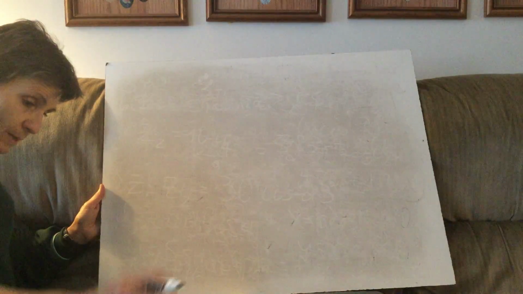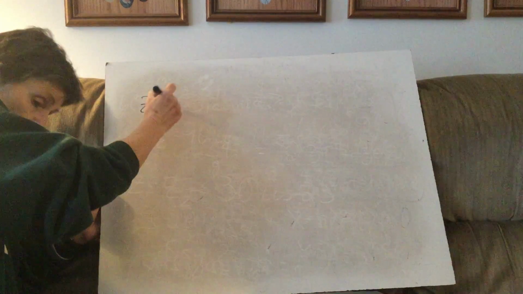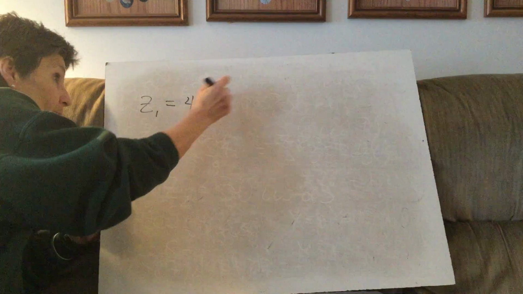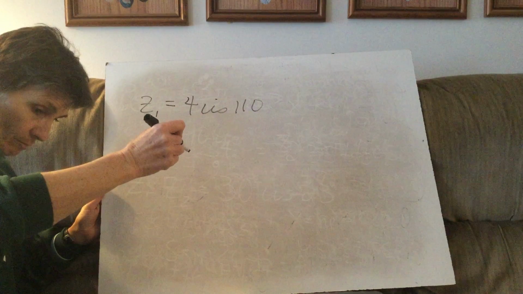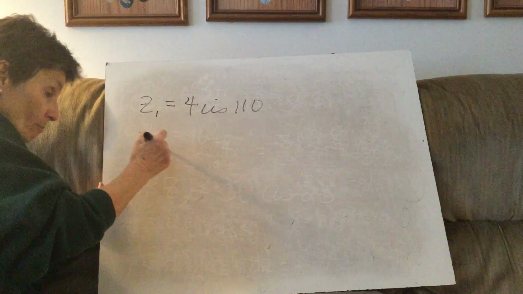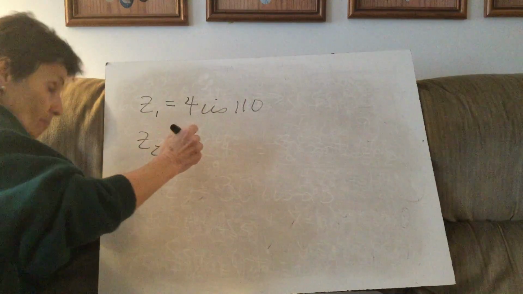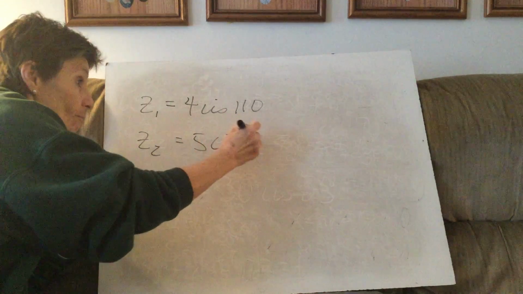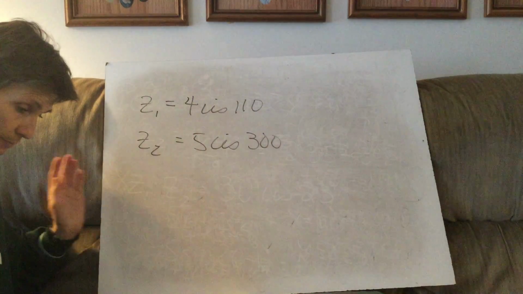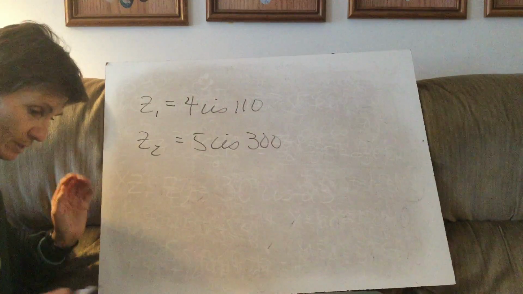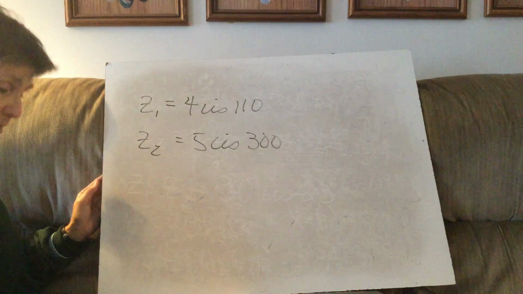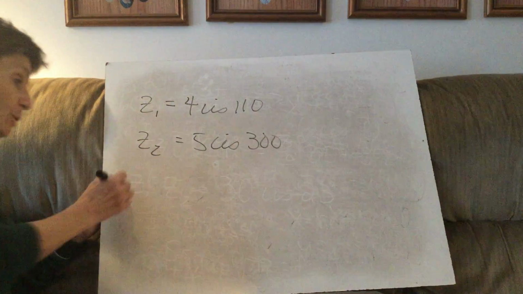Now look at the next one. Trying to make sure I'm doing the right problems here. 4 CIS, yep, okay. So we're going to multiply them.